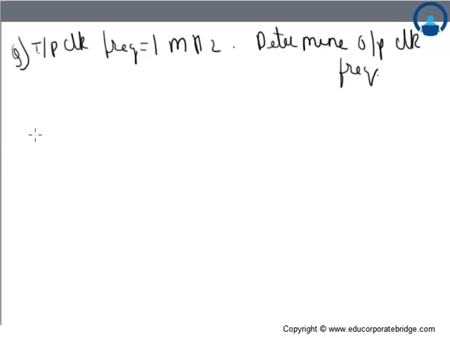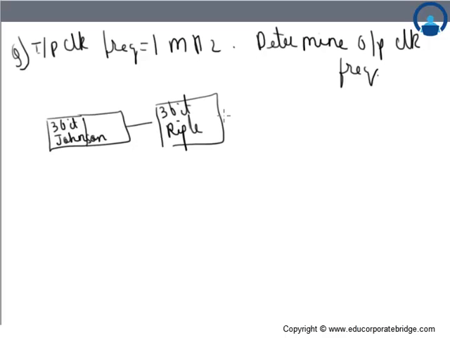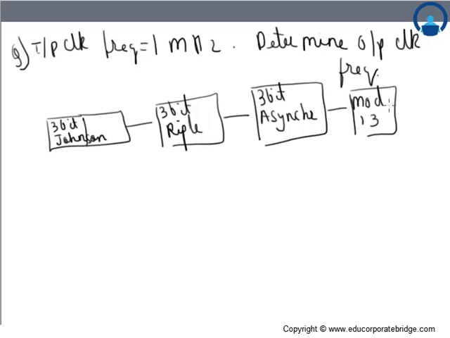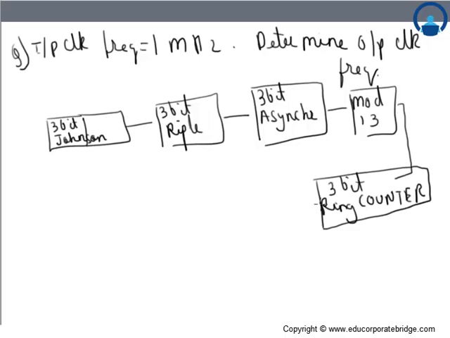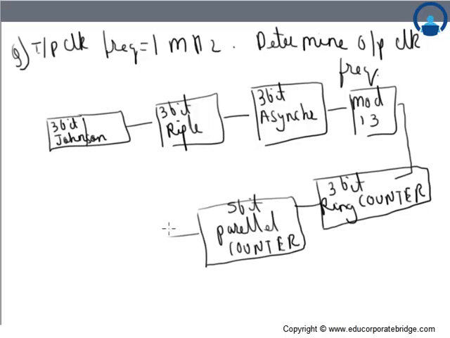The block diagram is a 3-bit Johnson counter, then a 3-bit ripple counter, then a mod 13 counter, followed by a 3-bit ring counter, followed by a 5-bit parallel counter. What would be the output frequency?